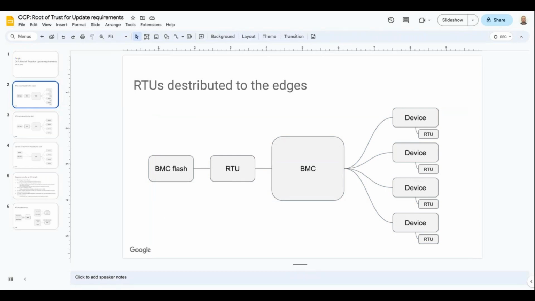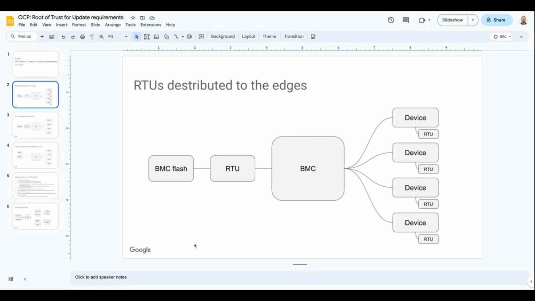But then, to Matt's point earlier, if that device was in a different architecture, would the RTU really be an RTU in that instantiation? Like if it was in a platform without a BMC, the RTU could be device local, I guess. I think it is a root of trust for the device.